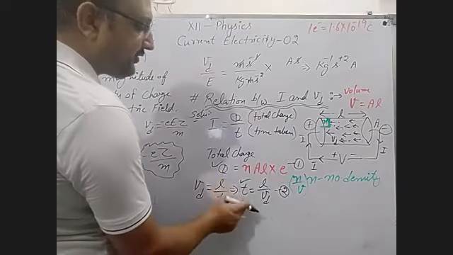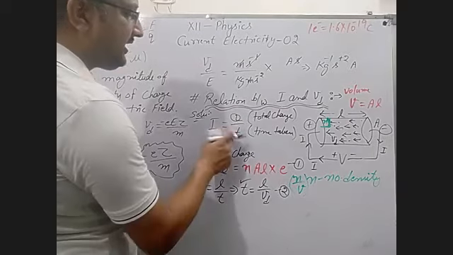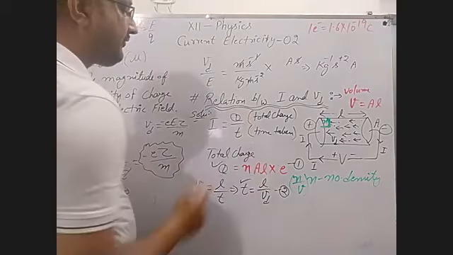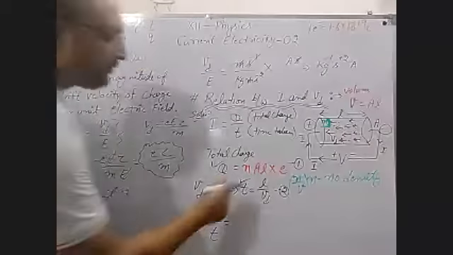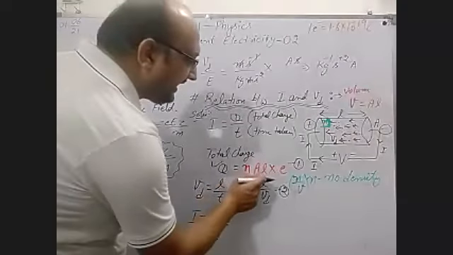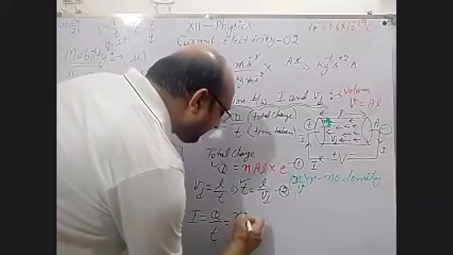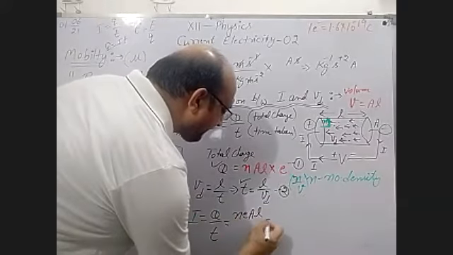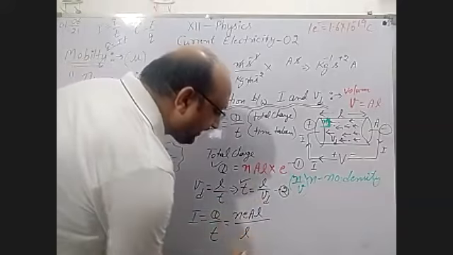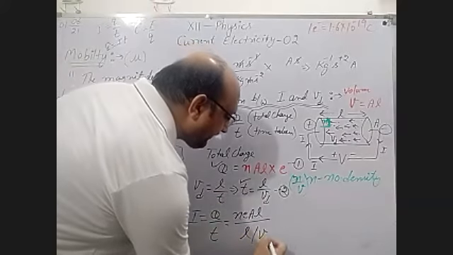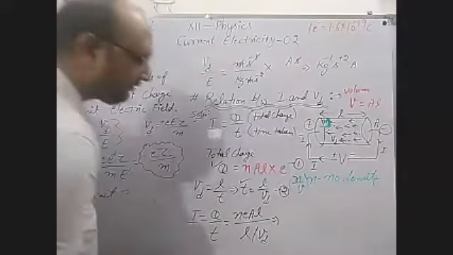Now, put these Q and T values in the first equation. I equal to Q by T. Put the value of Q, neAL upon, what is the value of T? L upon Vd. Now solve it.